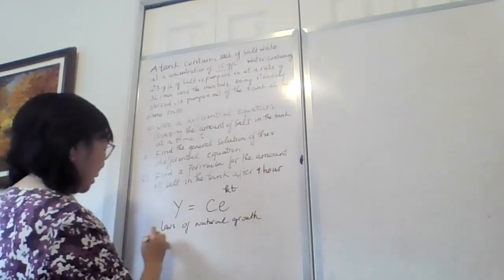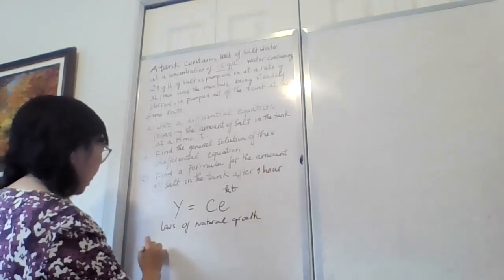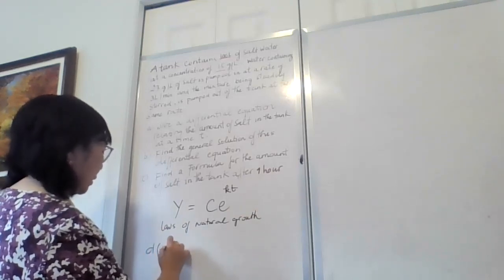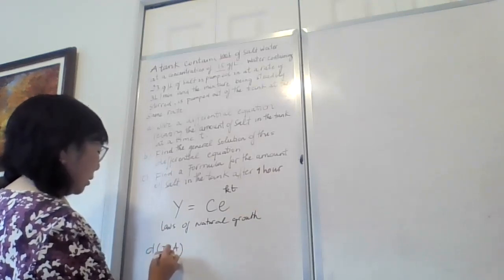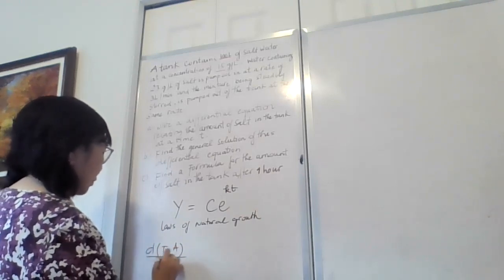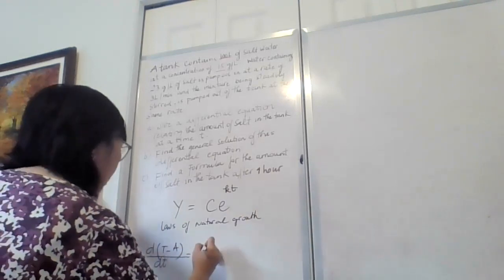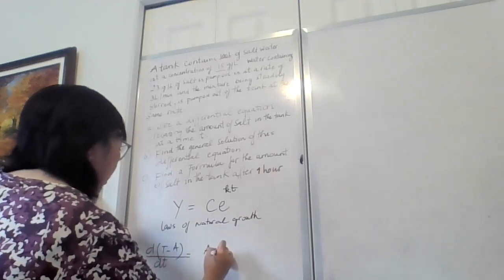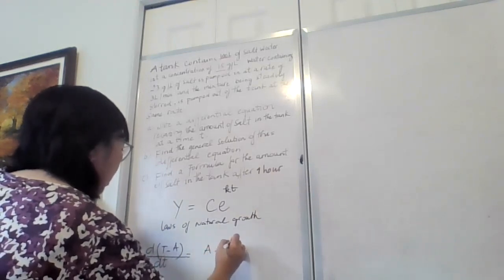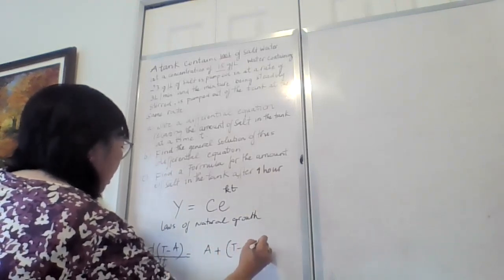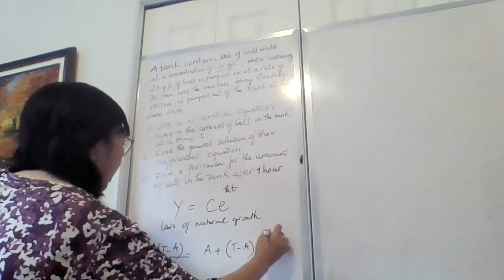And then after that, you learned with me Newton's law of cooling, which is something like this: the derivative of T, temperature minus surrounding temperature A, with respect to time, equals T minus A equals C e to the kt, right?